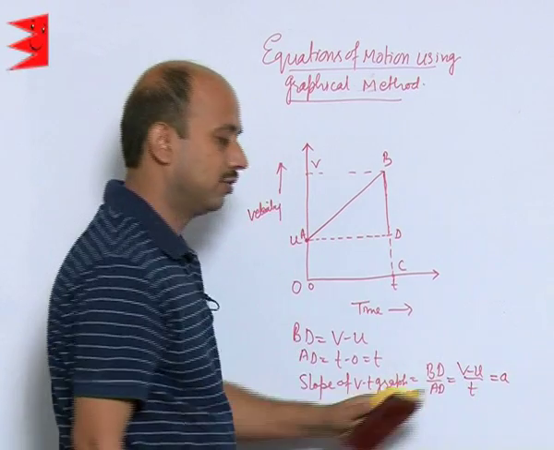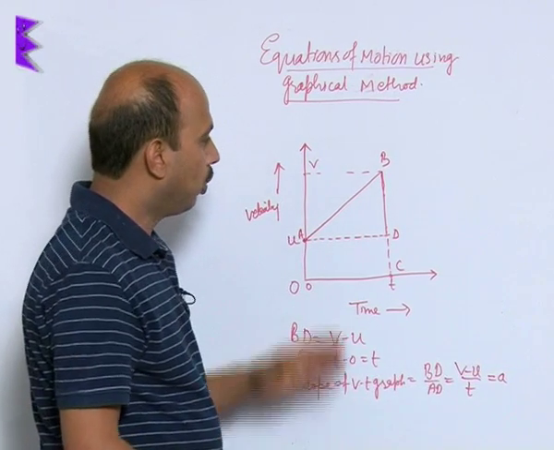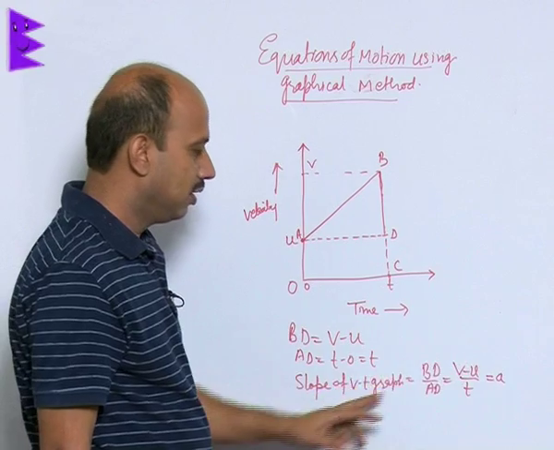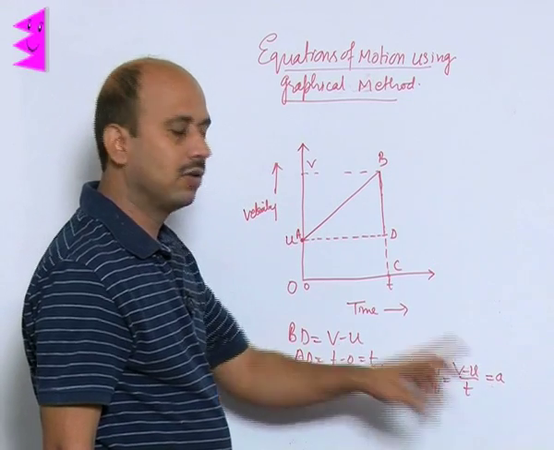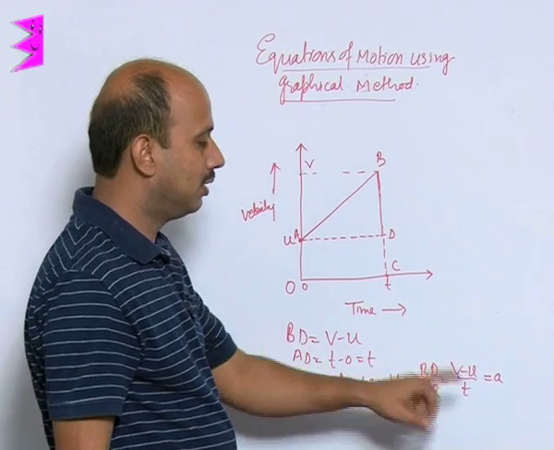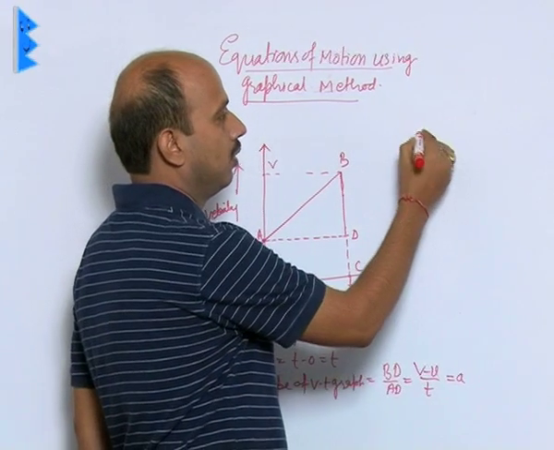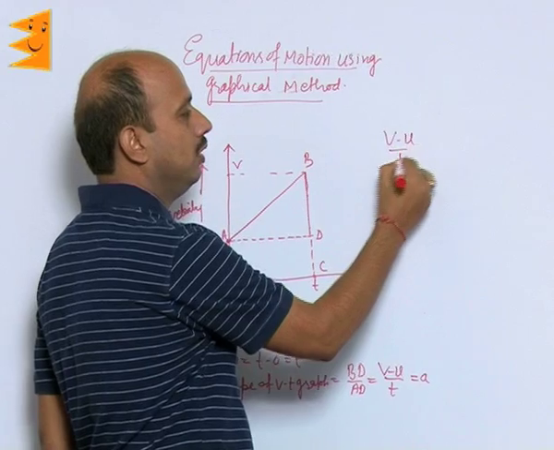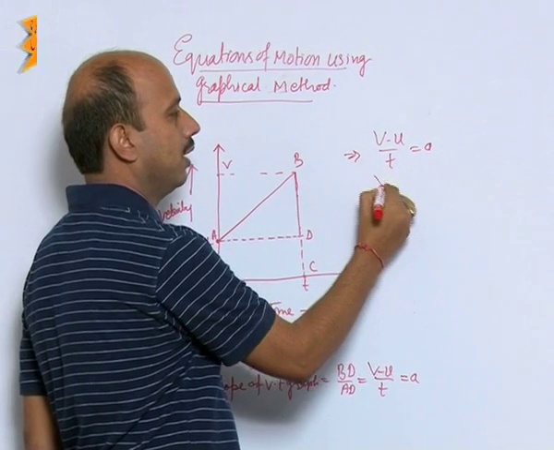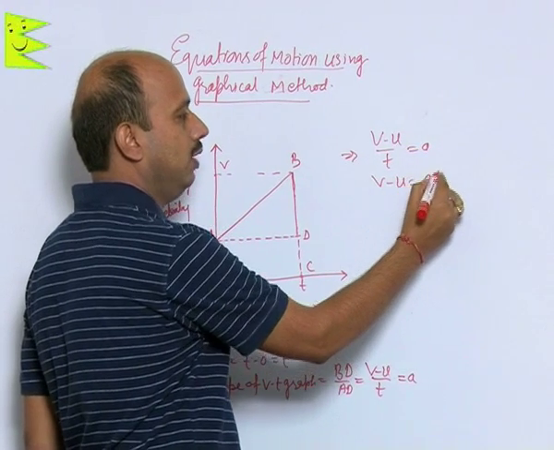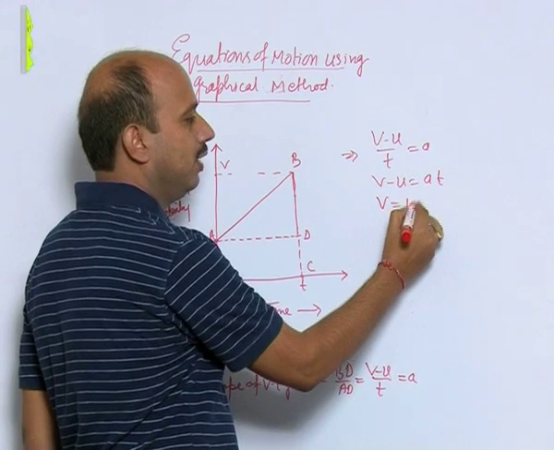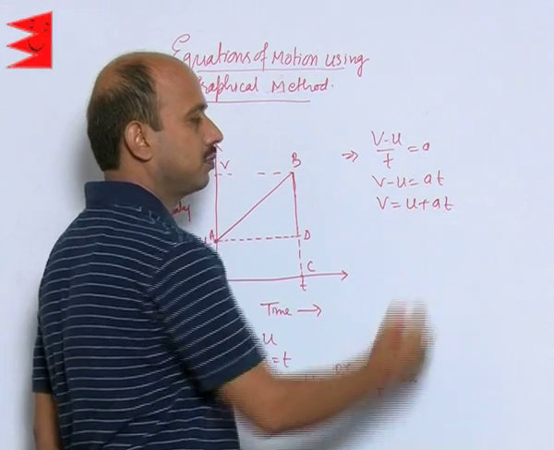We have done this already. So now we have the slope from this graph, that is V minus U upon T is equal to A. Now we will write this equation in another form. V minus U is equal to AT. So V is equal to U plus AT.